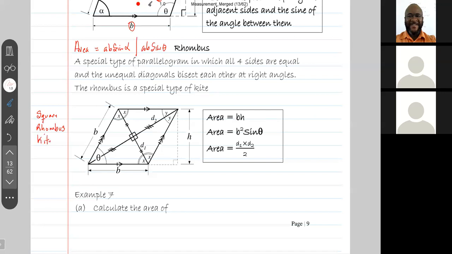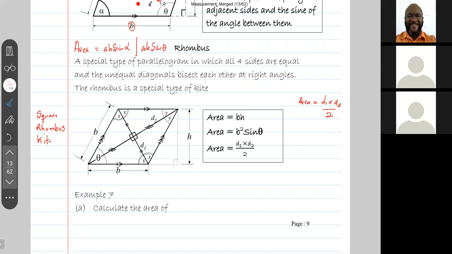So the formula for the area of a kite can be used to calculate the area of the square, of the rhombus, and of the kite. That area is equal to d1 times d2 divided by 2. That is the formula for the area of a kite.